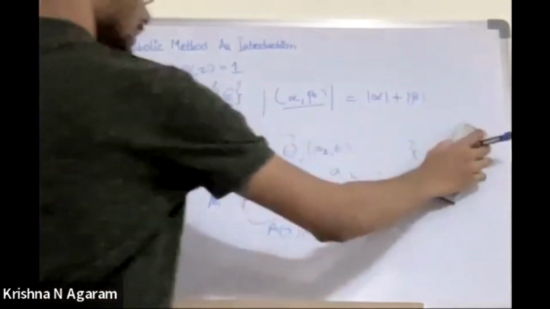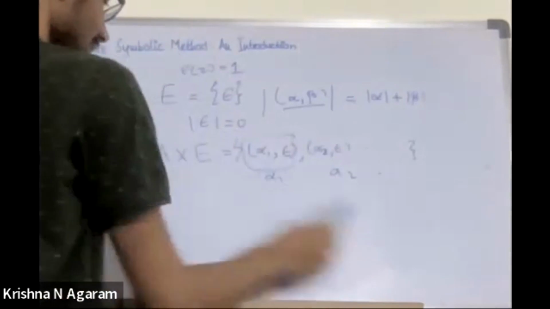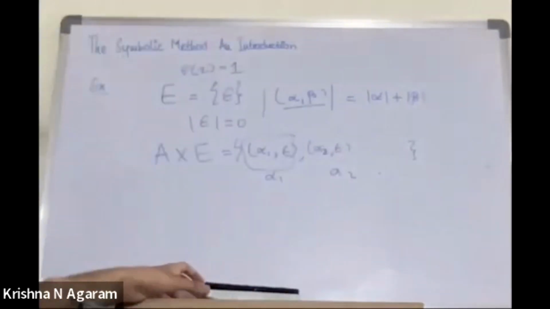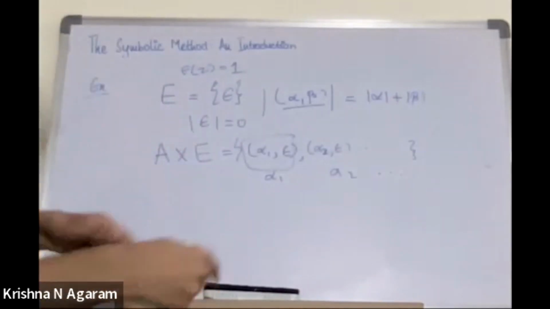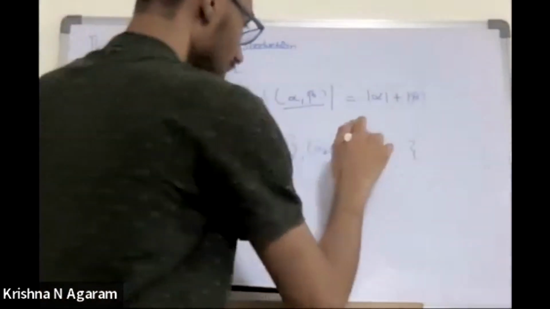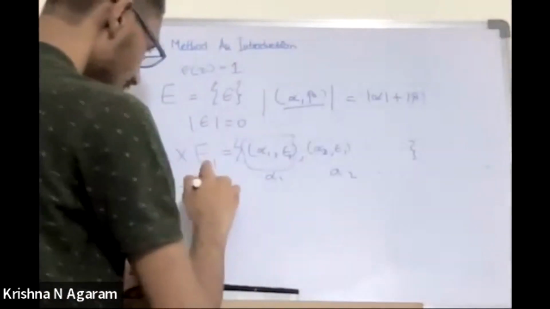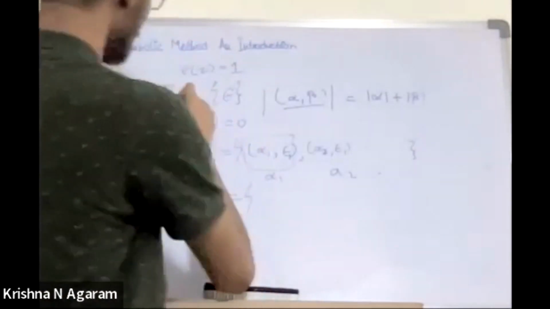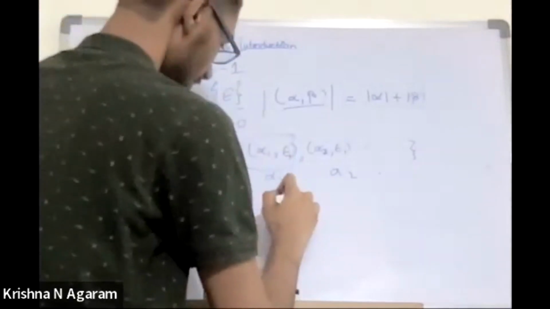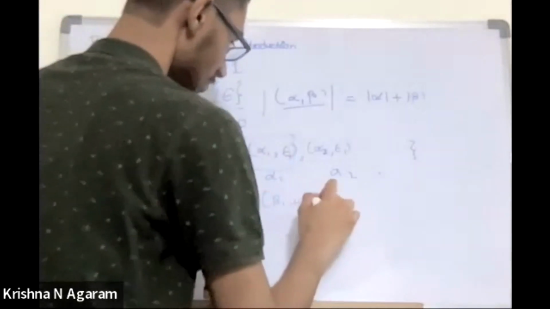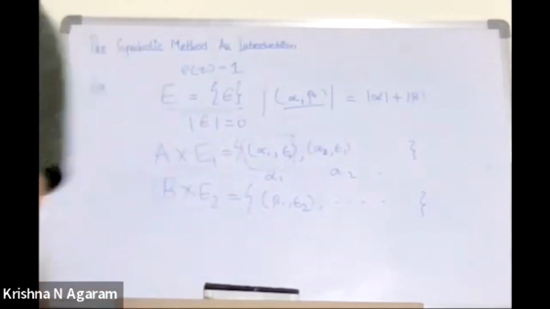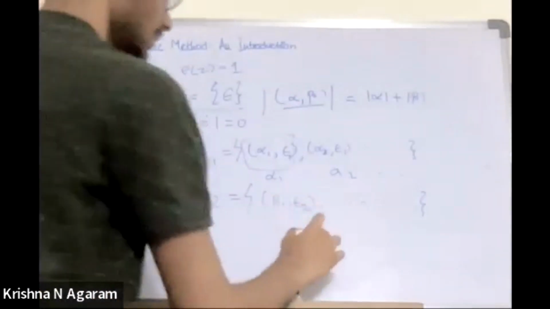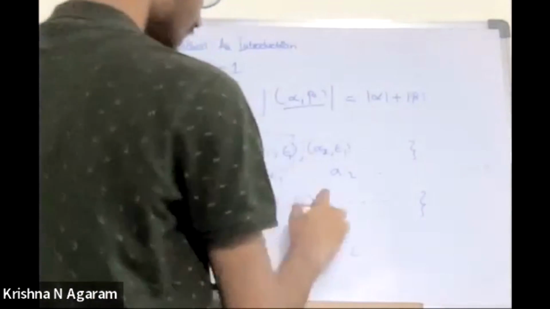In any case, A cross E is useful in the sense that if I had to add A and B, but this union problem came up if they had common elements, I'll just do this. Take A cross E1, and B cross E2, with elements beta 1 epsilon 2, and so on. Now these two things have nothing in common, because epsilon 1 is not epsilon 2.